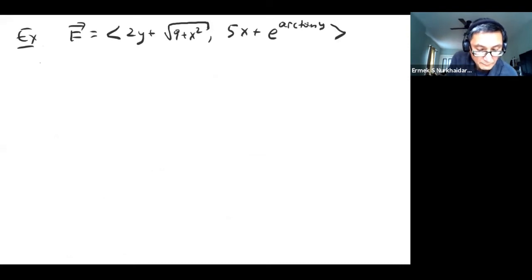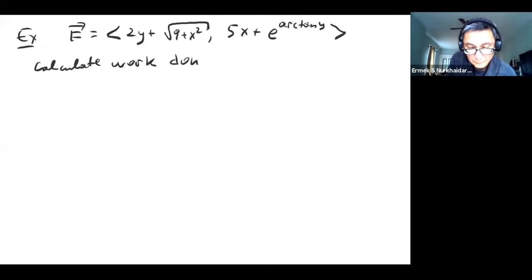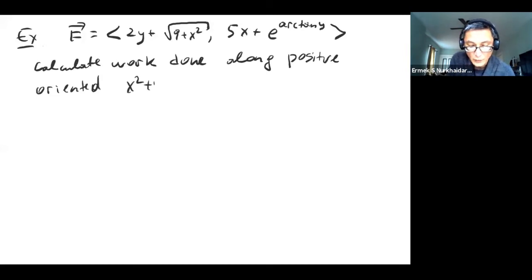Calculate the work done along the positive, which is counterclockwise oriented, circle x squared plus y squared equals 4.